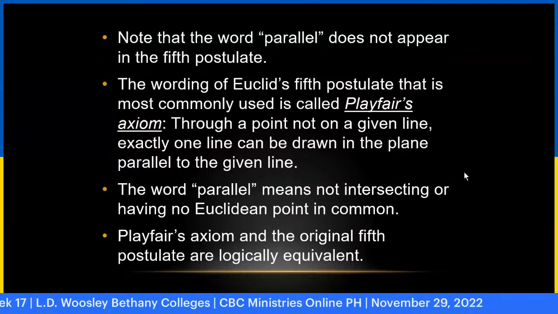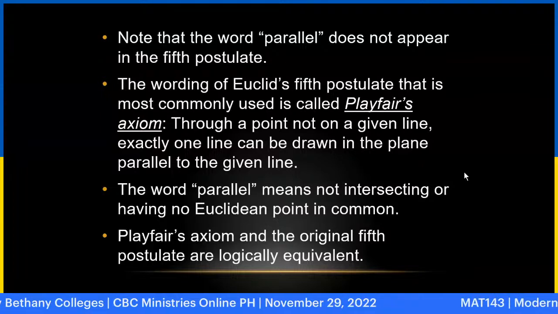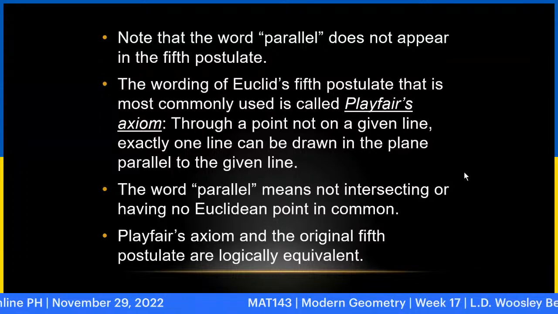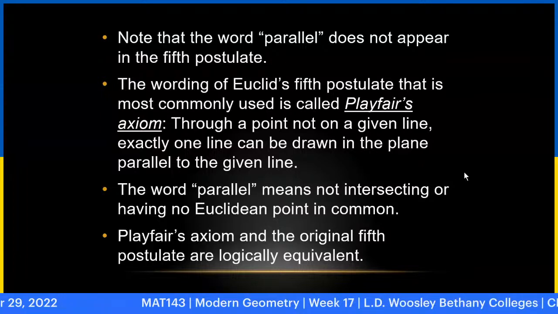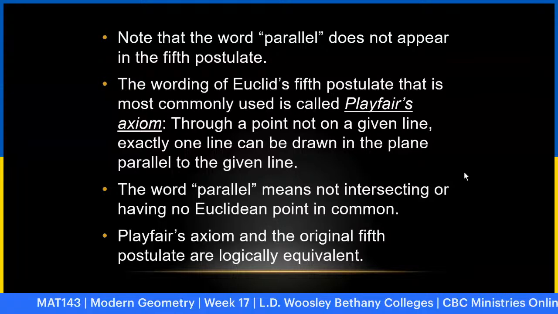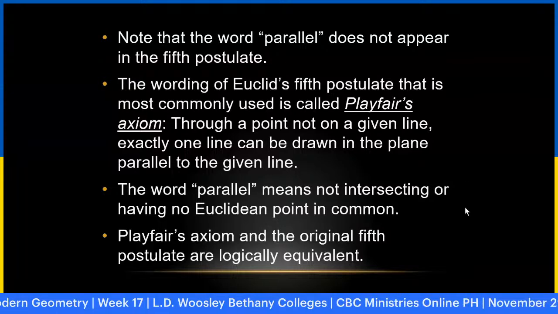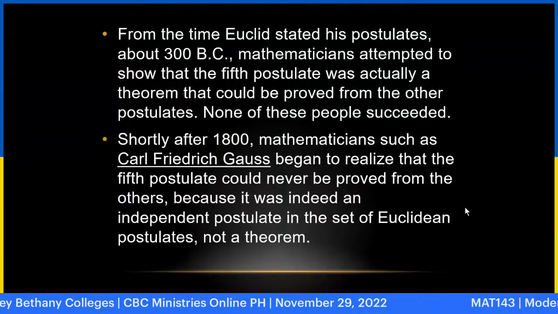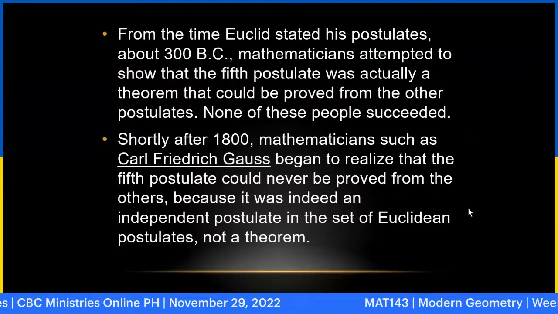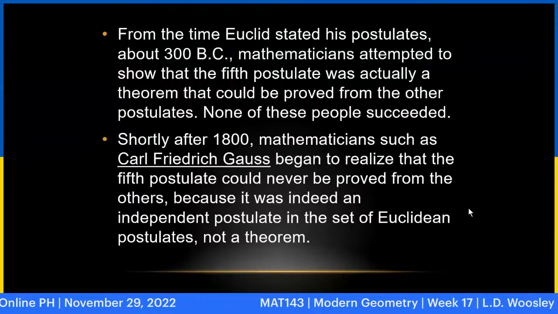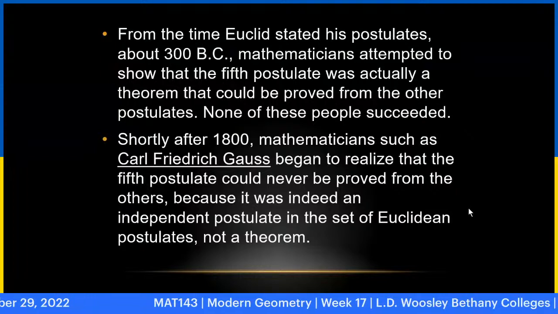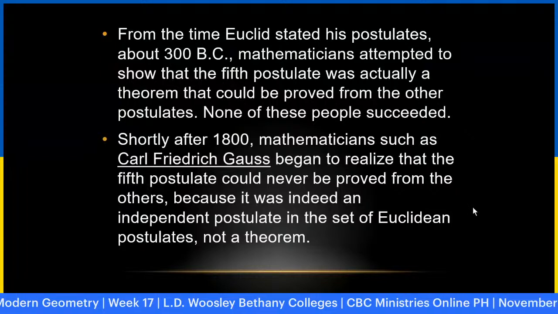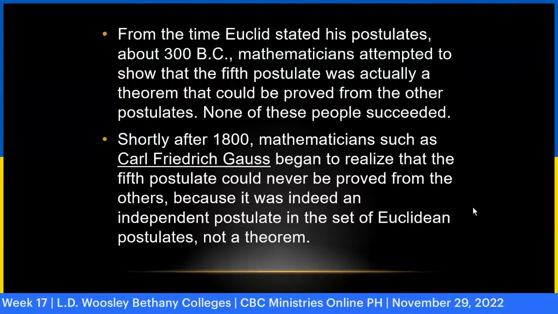Okay, so the word parallel means not intersecting or no Euclidean point in common. Playfair's axiom and the original postulate are logically equivalent. From the time Euclid stated his postulates about 300 BC, mathematicians attempted to show that the postulate was actually a theorem that could be proved from other postulates.